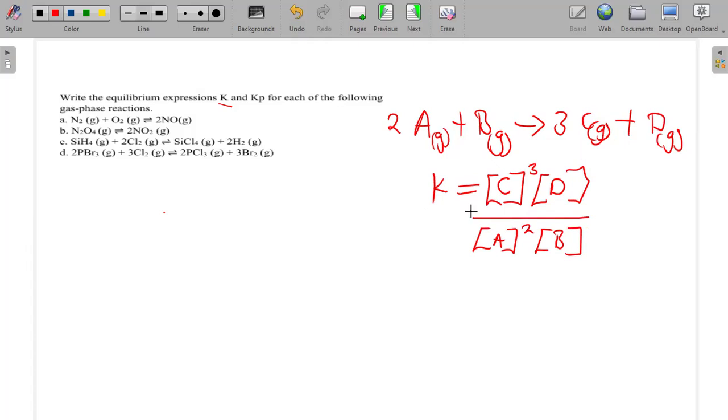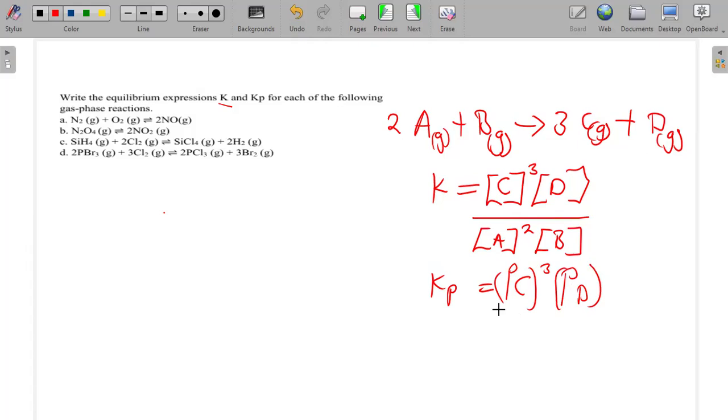So for the Kp, we are going to be getting the pressures. For the Kp expression, we get the pressures of the products divided by the pressures of the reactants. For the products we have C, so we get the pressure for C, and we power it to 3. Then we multiply by the pressure for D. We're not going to power it to anything because the coefficient of D is 1.